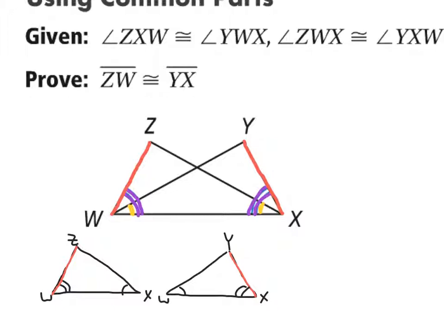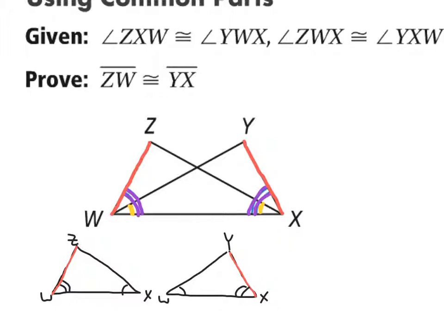Our 5 pieces of information that we need, our 5 shortcuts we can use, are side, side, side; side, angle, side; angle, side, angle; angle, angle, side; or hypotenuse, leg. We have 5 shortcuts for triangles that we can use. Okay? Questions? Or you know what we're going to use? What are we going to use?